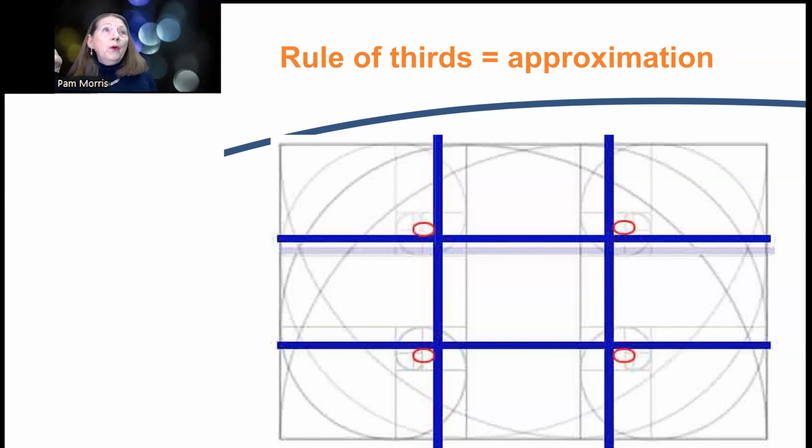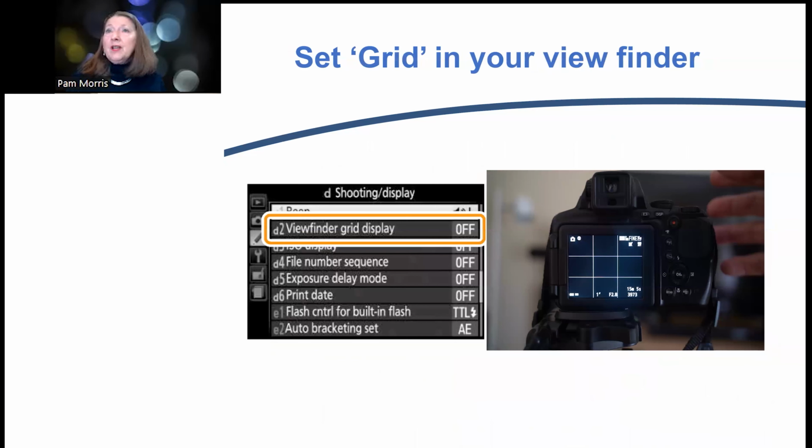Or if there's a single point subject in an image, it just aesthetically is more balanced if it sits on one of those intersections. So when we're actually looking through the grid finder in our camera, if we line up those intersections with the scene that we're seeing in front of us, we don't wait until we're trying to crop it in Photoshop or Lightroom.